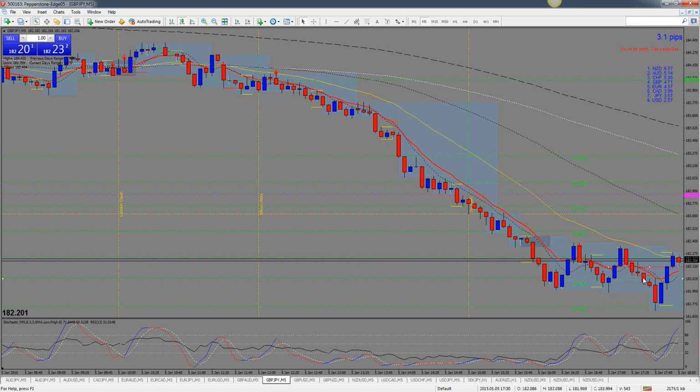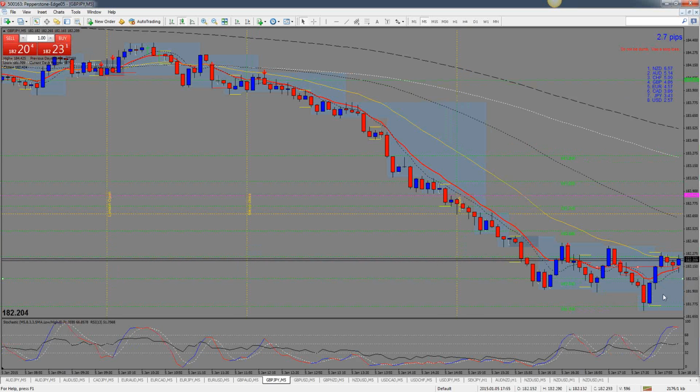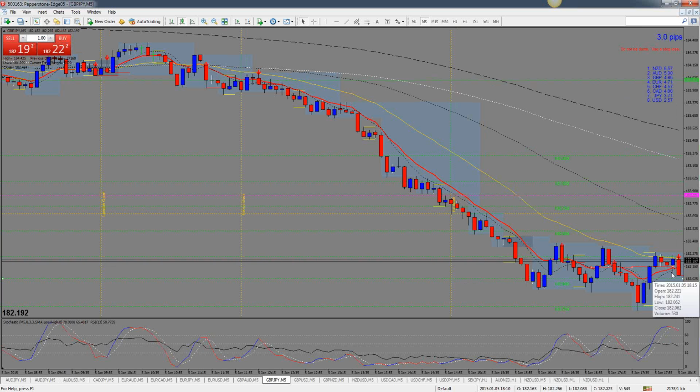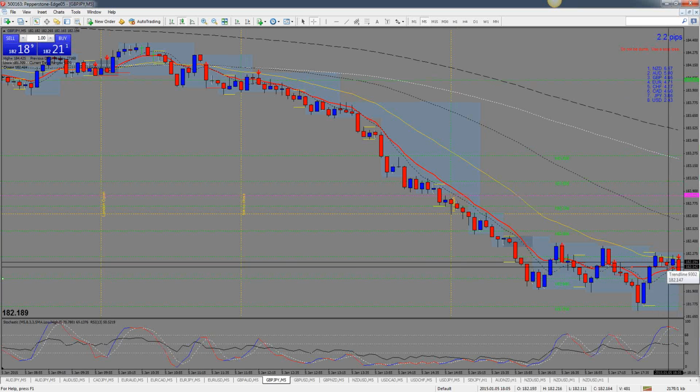But let's mark it. It broke. You know, no, because there's an entry here. So let's see what we would have got here. If we had taken that trade, we would have had an 11 pip stop, but we would have been out of the trade the next candle with 5 or 6 pips anyways.